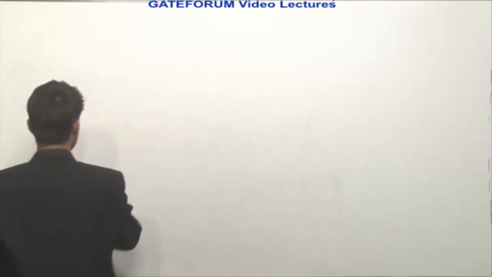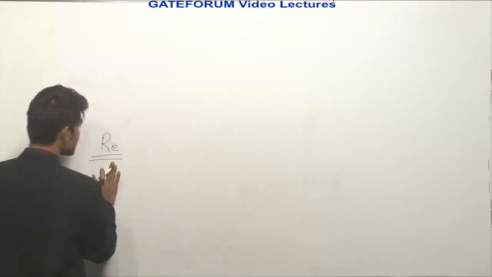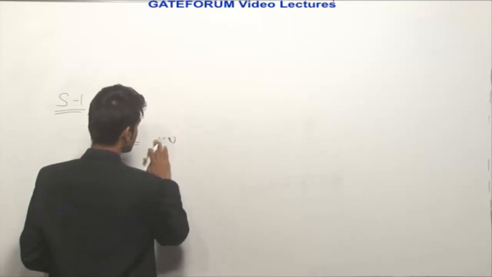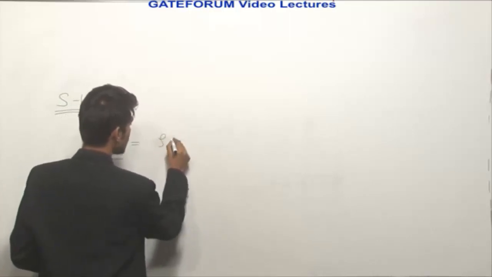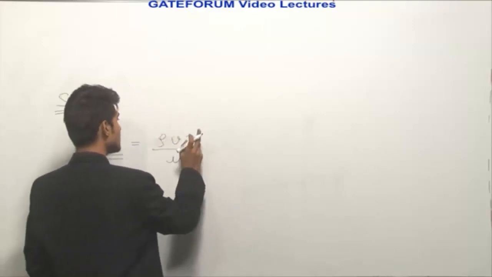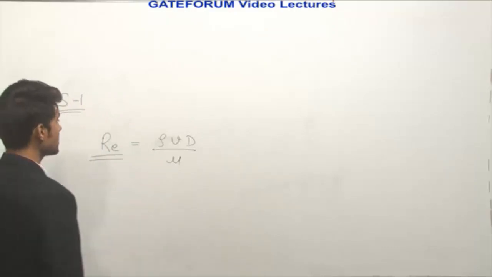Now we know that for nature of fluid flow we must calculate a number that is known as Reynolds number. Reynolds number is rho v d divided by mu, where rho is density, v is velocity, d is diameter, mu is viscosity of the fluid or dynamic viscosity of the fluid.